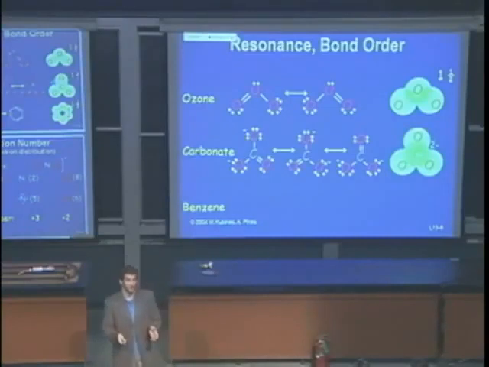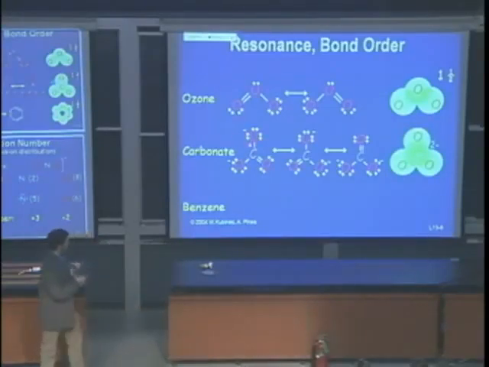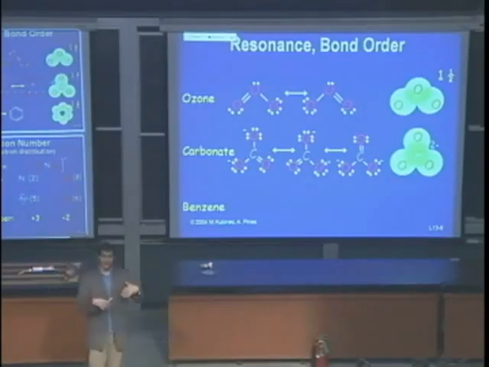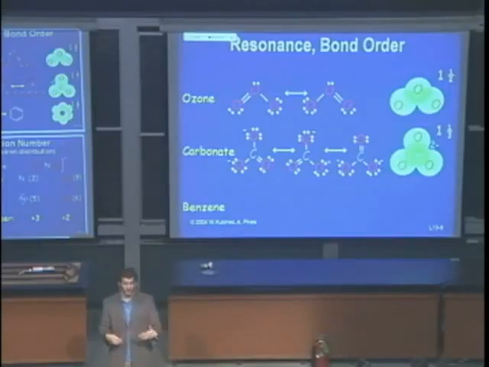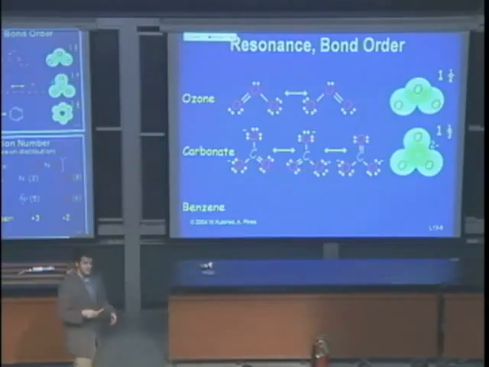So what's my bond order going to be? Well, if I look at the top CO bond here, I have single bond, bond order 1, bond order 1, bond order 2. Total bond order of 4. This is across 3 resonance structures, so 4/3 gives me a bond order of 1 1/3. And all of these CO bonds are going to have the same bond order of 1 1/3.